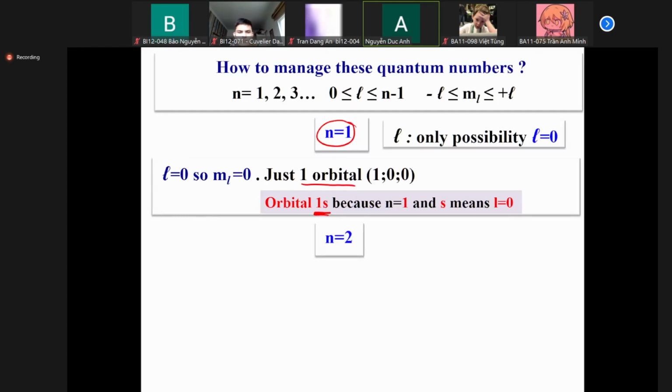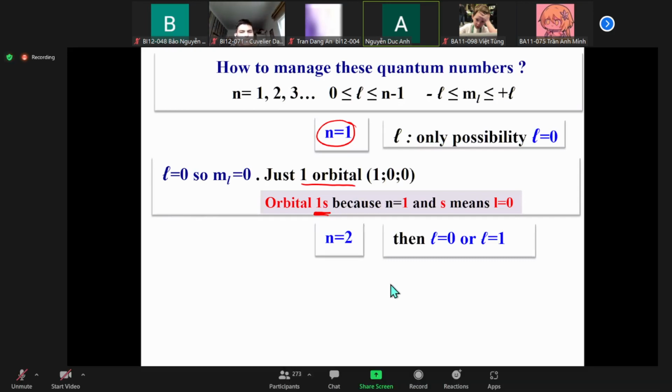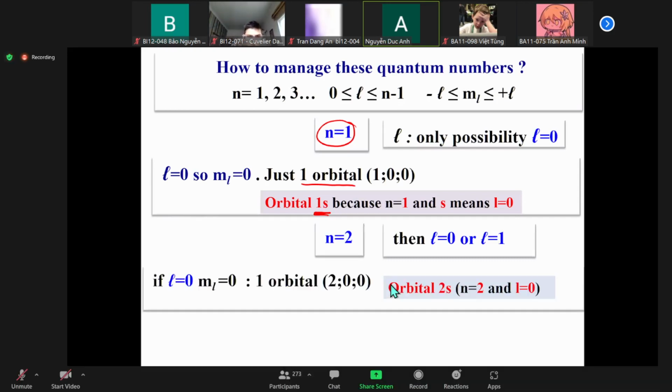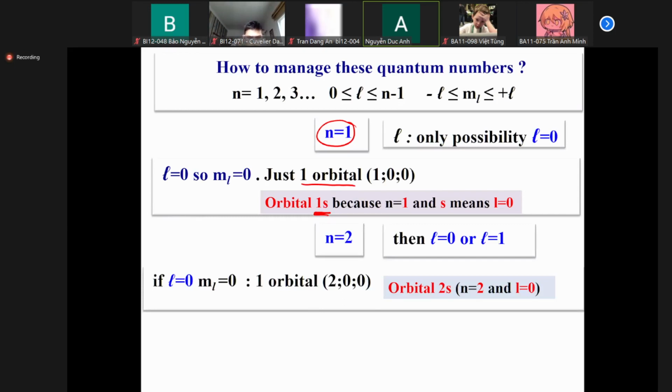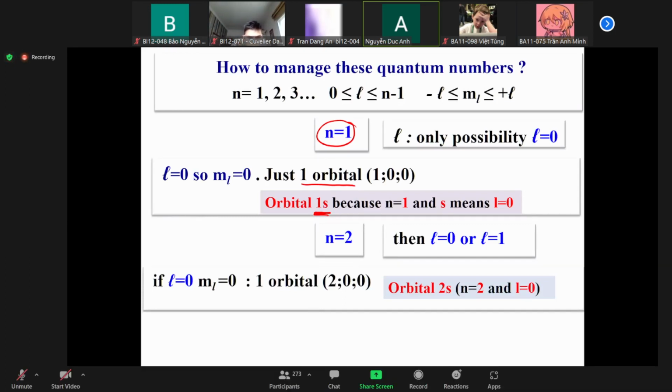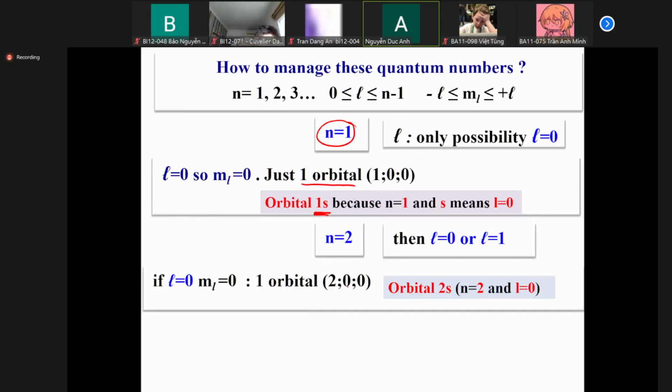If you have n equal to 2, now L will be 0 or 1. In the case of L is 0, again ML is 0. So this set of quantum numbers, 2 0 0, defines the orbital 2s.